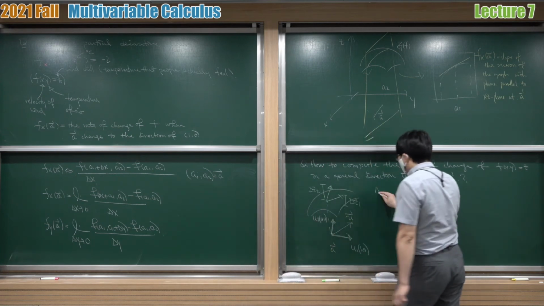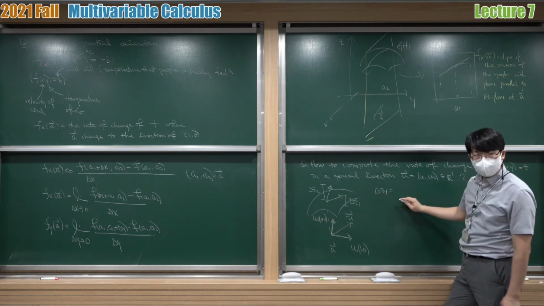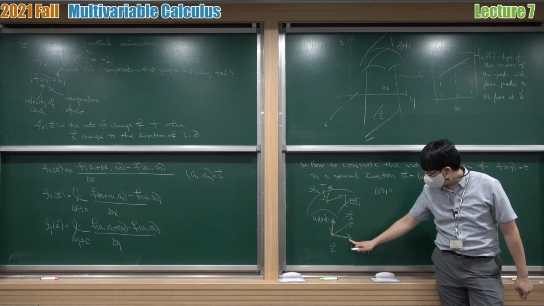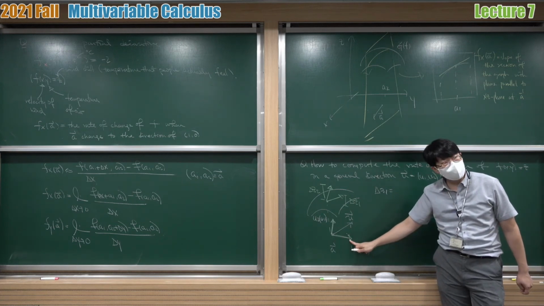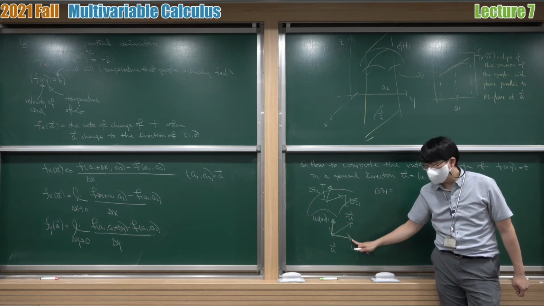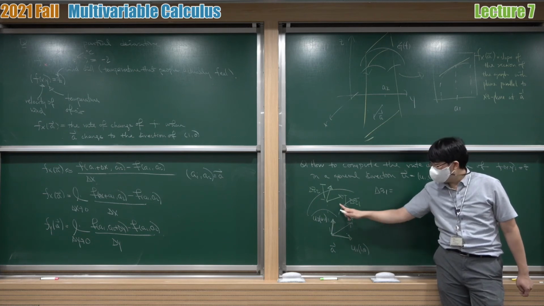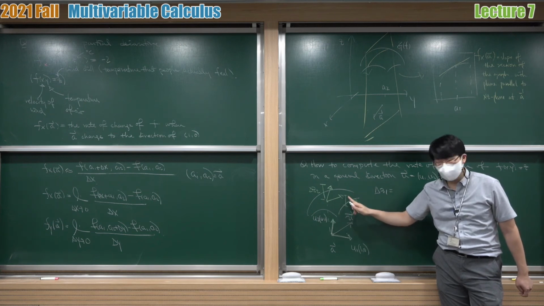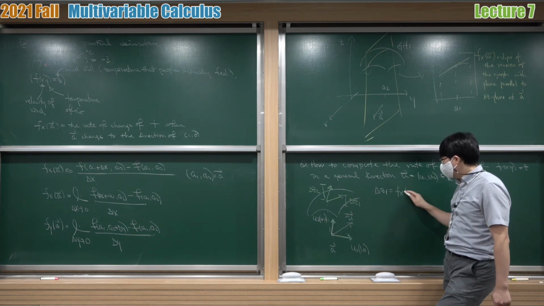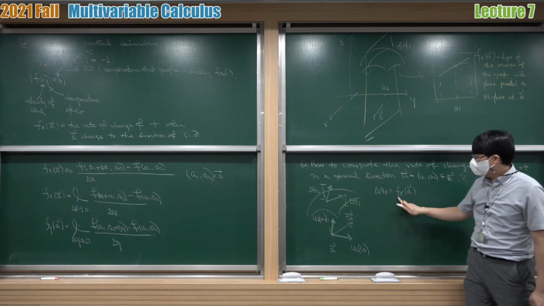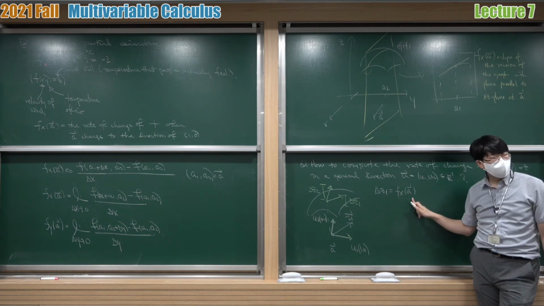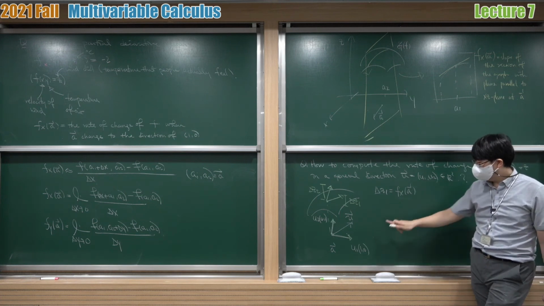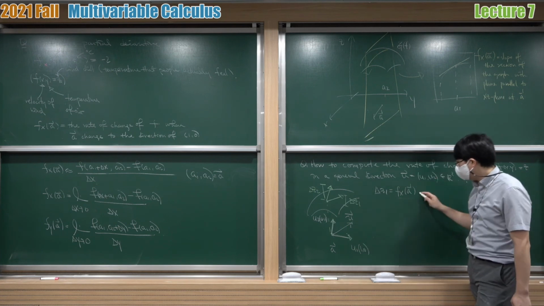Delta z1 equals the rate of change in the x direction. So when I change my x coordinate, I can imagine my change in z value is proportional to the actual change in x.